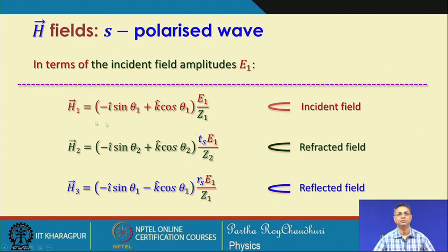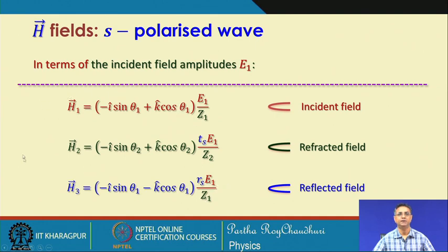For the incident wave, we have this equation as it is, but for the transmitted wave, there will be a transmission amplitude of the electric field, and for the reflected wave, you have a reflection amplitude multiplied by the incident electric field.